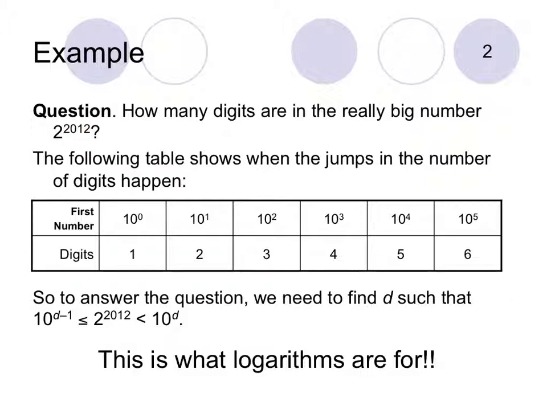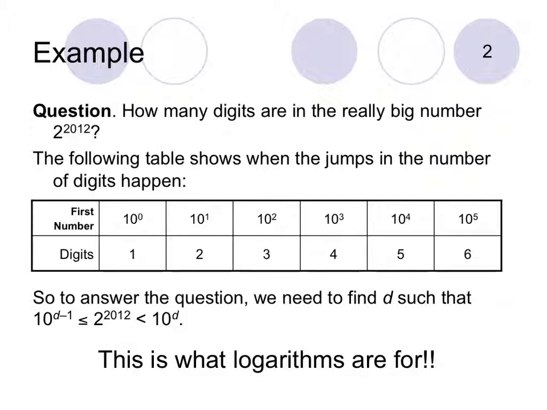The main observation is that powers of 10 tell us the transition points with numbers of digits. So 10 to the first power, that's 10. That's the first 2-digit number. 10 squared, 100, is the first 3-digit number. 10 cubed is the first 4-digit number. So powers of 10 are our numbers where the number of digits in the evaluation change.